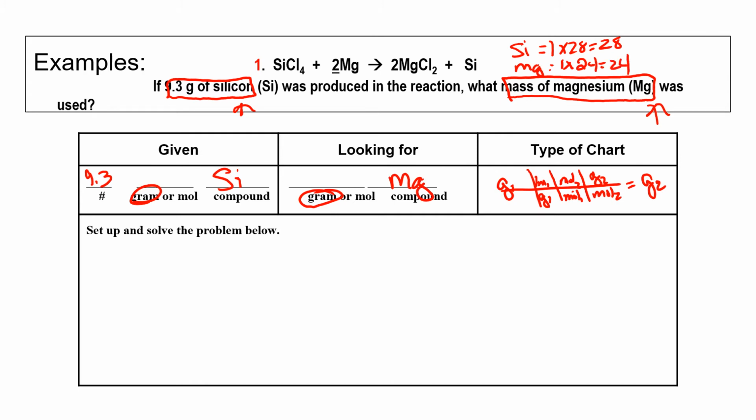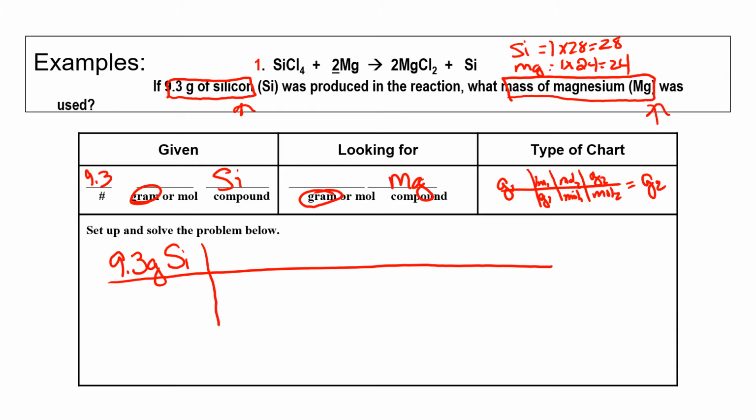And since those are just elements by themselves, we don't have to add anything. They're separate. So to set this up, we start with 9.3 grams of silicon. That was our given. And now we need to convert to moles of silicon. So we know 28 grams of silicon is equal to 1 mole of silicon.